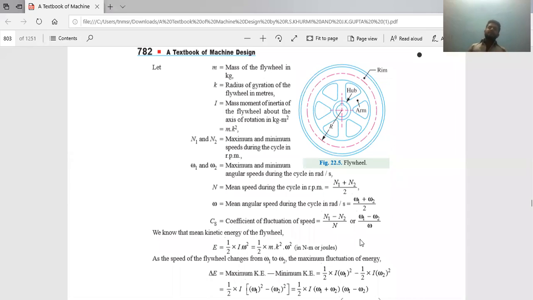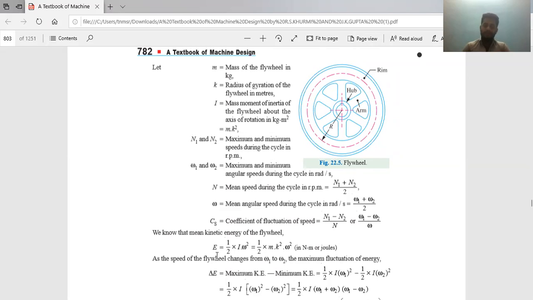Now, since the flywheel is rotating continuously, there will be some energy developed in the flywheel. That is the kinetic energy. Because we know that if any body moves with some velocity, there is kinetic energy. So this flywheel is also moving with angular velocity omega, so the energy stored in the flywheel is in terms of kinetic energy, given by half I omega square.